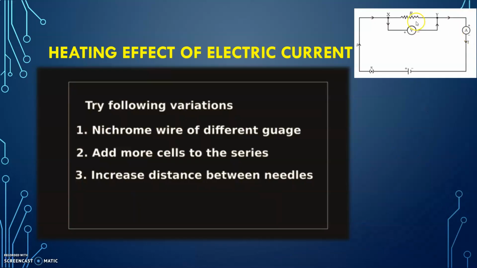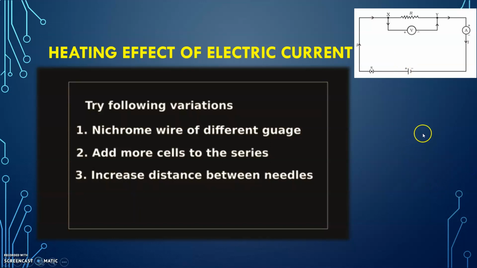Okay, now consider a current I flowing through a resistor of resistance R. Let the potential difference across it be V, and let t be the time during which a charge Q flows across.